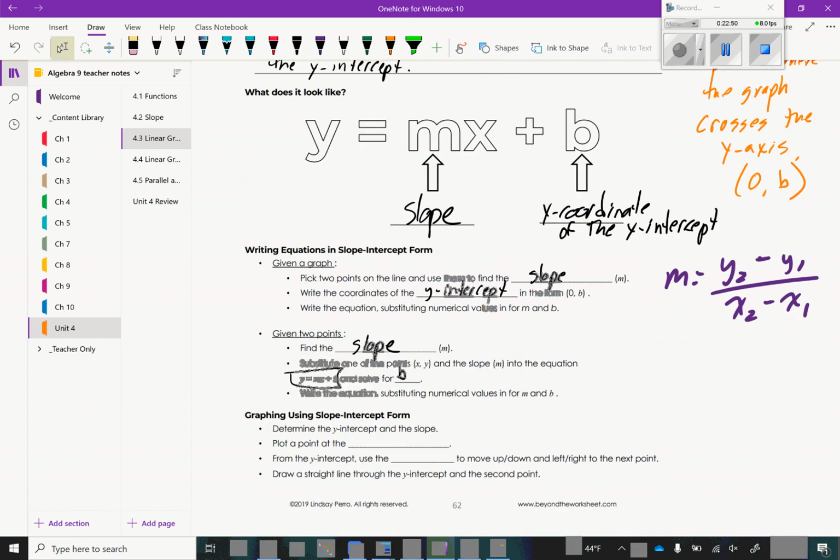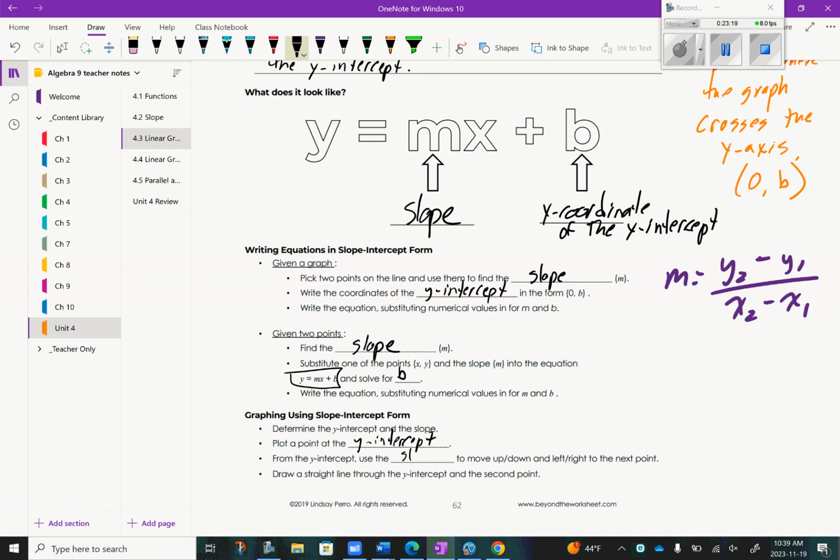Why do we even do this? Because it makes graphing so much easier. If we can figure out the y-intercept and the slope, the y-intercept is literally our starting point. It's right there on the y-axis, so relatively speaking, it's a pretty easy point to plot and get right.